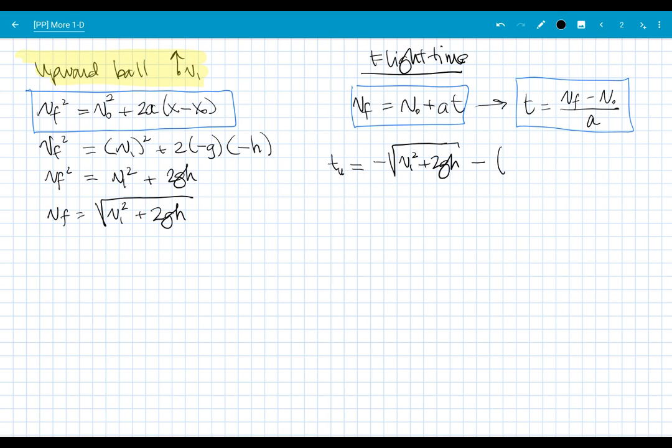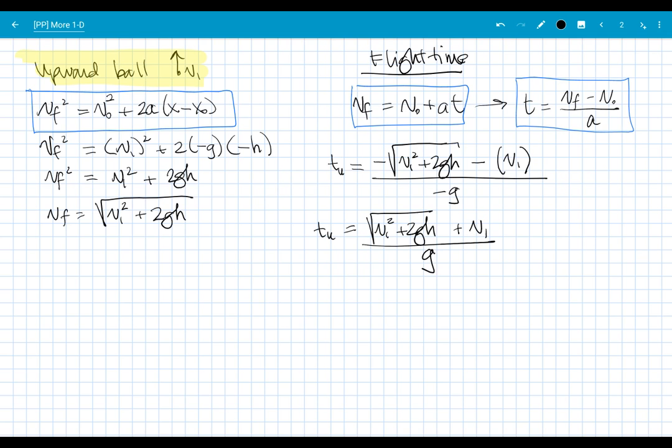Now this ball was thrown upward, so this is positive V1 here. And that's all over the acceleration, which is negative g. So my time here is going to be root V1 squared plus 2gh, plus V1, over g.